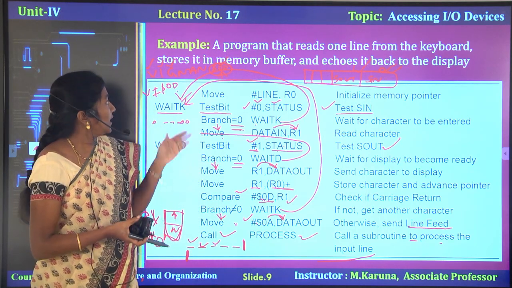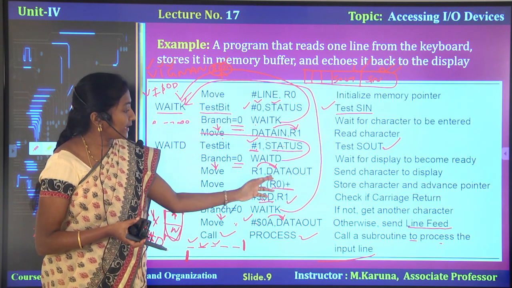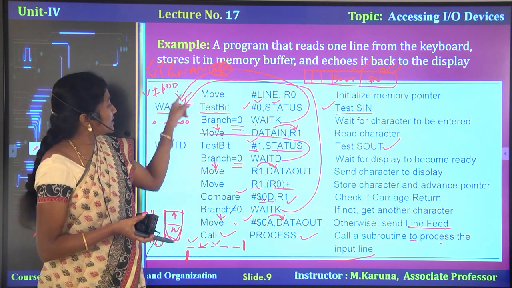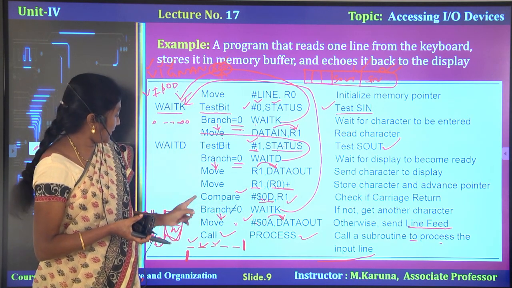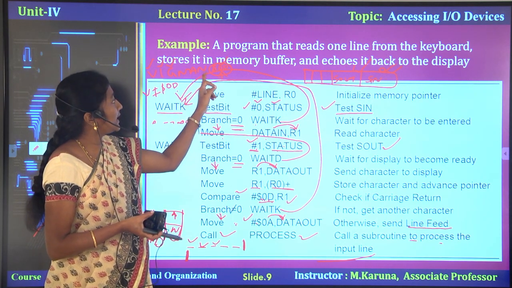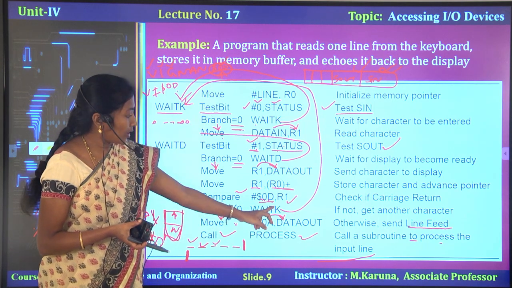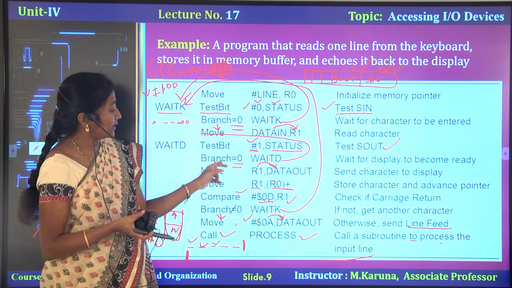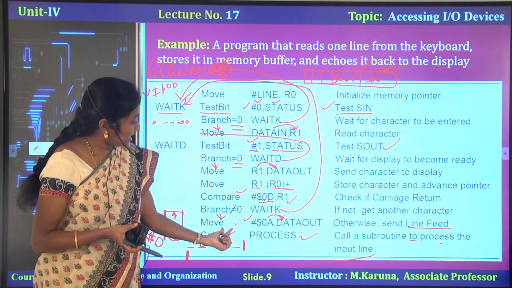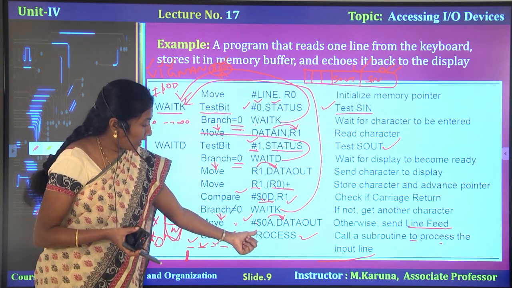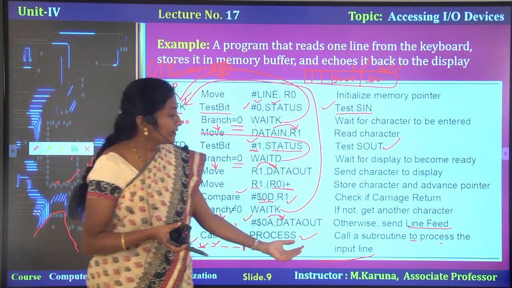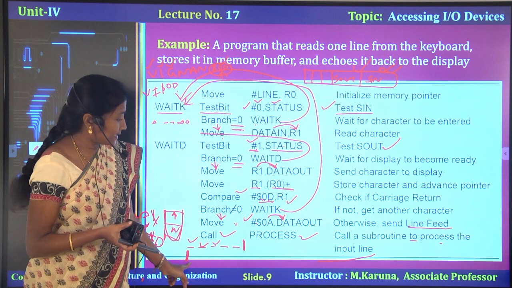Likewise, all the elements are read, and we check whether the character has reached $0D or not. If not, the processor again reads another character and places it in this memory location. Every time, the processor checks whether the last character has reached 0D or not. If not, again read another character. If it matches $0D, then transfer #$0A to the data out register for moving the cursor to the next line.